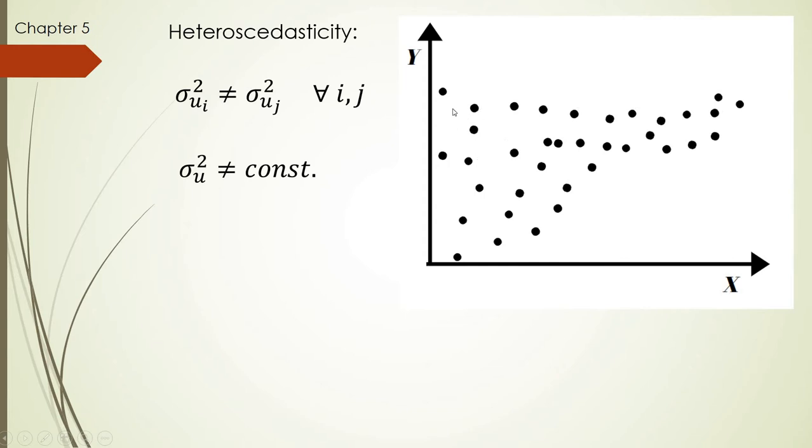Anyway, this is why we need to draw a plot or scatter diagram of our data, independent variable on the horizontal and dependent variable on the vertical axis, so that we can see at first visually if we have such a problem. So in the case of heteroscedasticity, we don't have constant variance, and this is the problem.